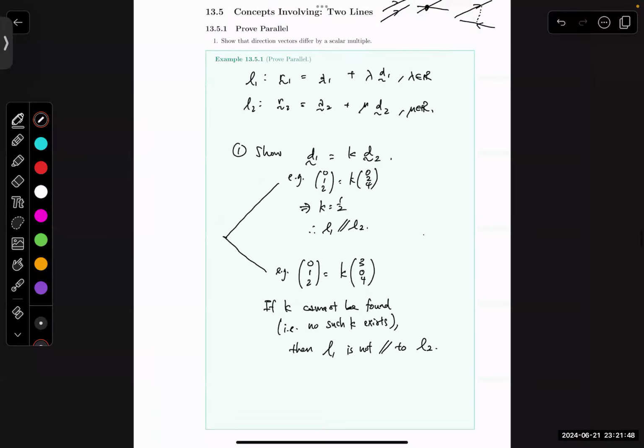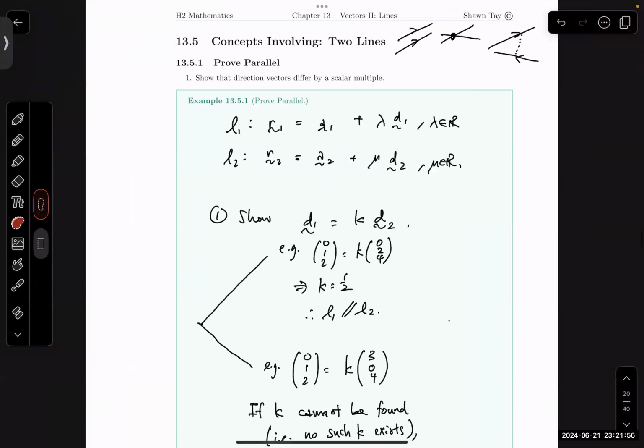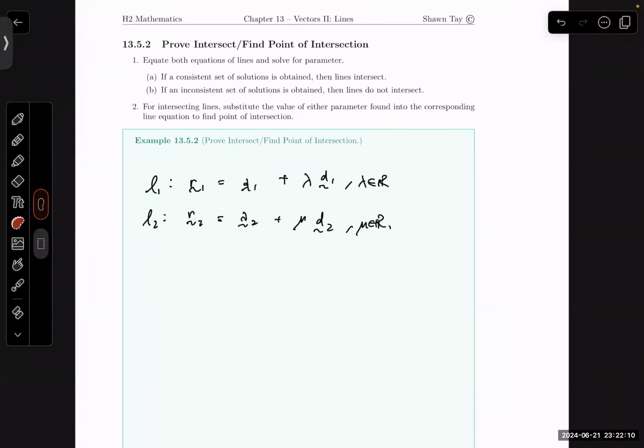Okay, next one. To find the point of intersection between two lines, let's just take this. If I want to find the point of intersection of these two lines, I simply do the same thing as in secondary school. If you have equations of two lines, to solve for the point of intersection, you just equate them and solve.